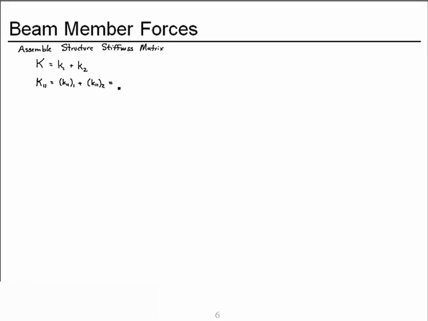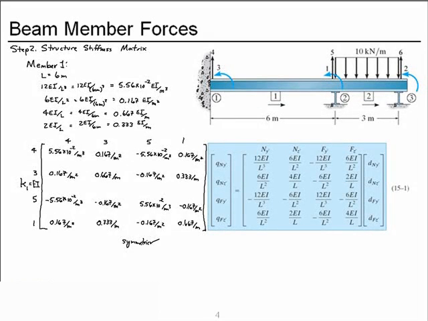And if we look back at our element stiffness matrices, from member 1, coefficient 1,1 is not up in this top corner, but is instead row 1, column 1 by degree of freedom.